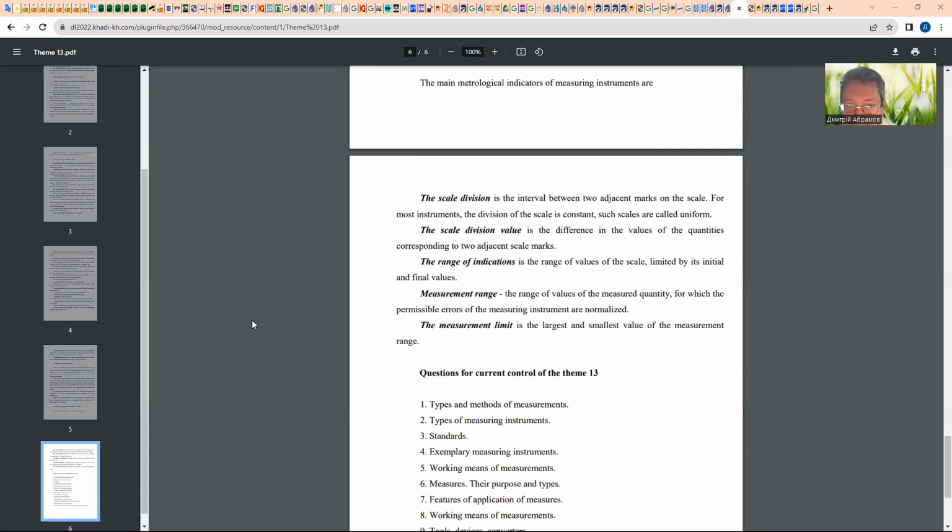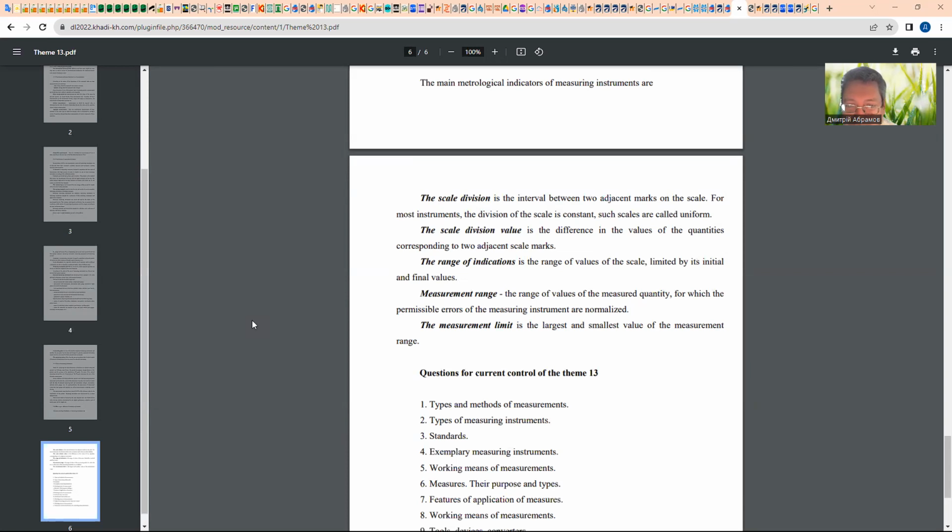For most instruments, the division of the scale is constant. Such scales are called uniform. The scale division value is the difference in the values of the quantities corresponding to two adjacent scale marks.